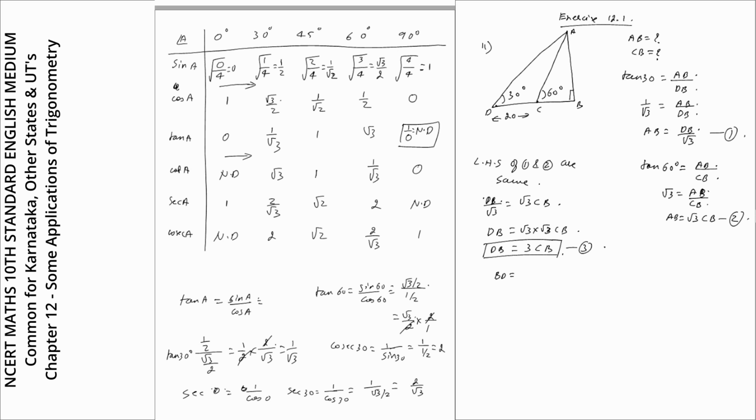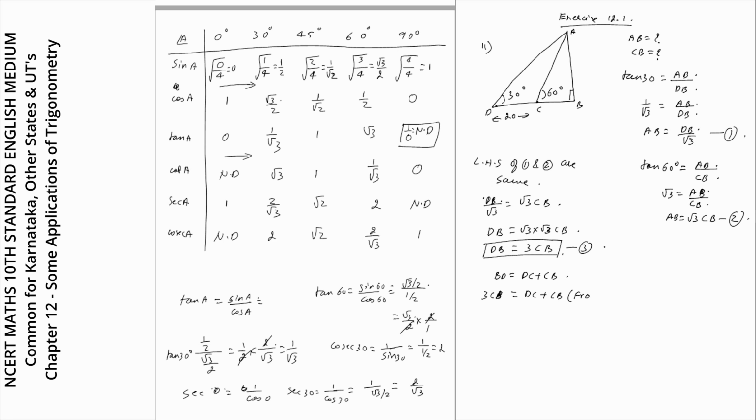BD is nothing but DC plus CB, right? So now, but BD or DB is 3 times of CB. From equation 3 we derived it. DB is 3 times of CB. I will substitute that. 3 times of CB is equal to DC plus CB.